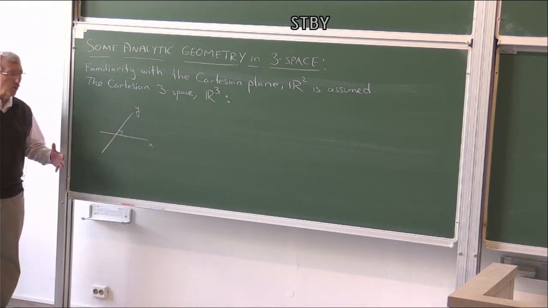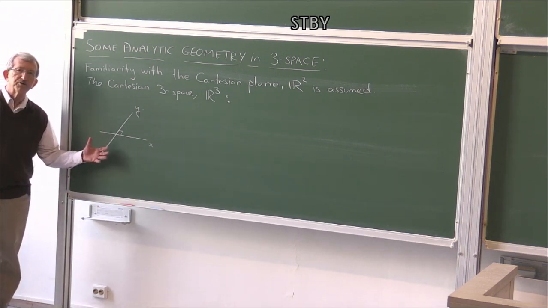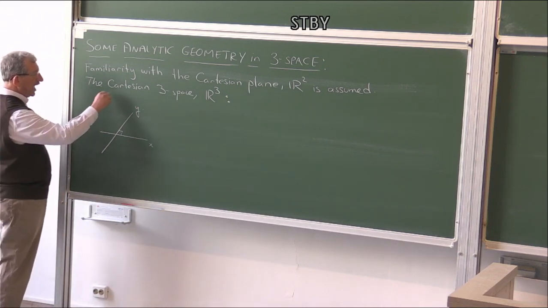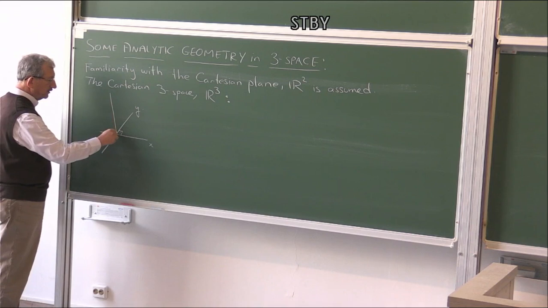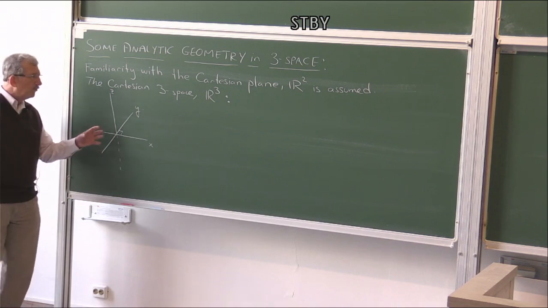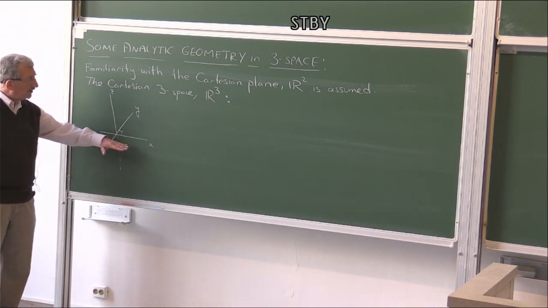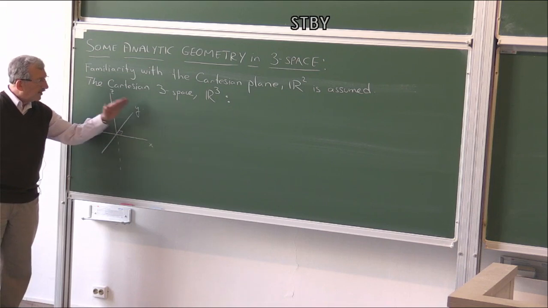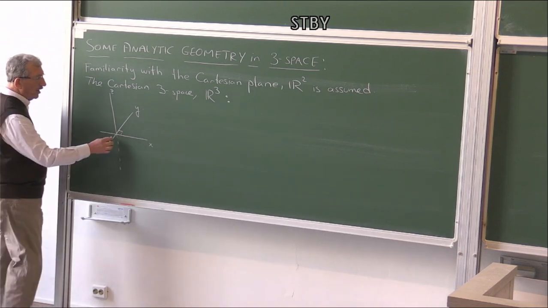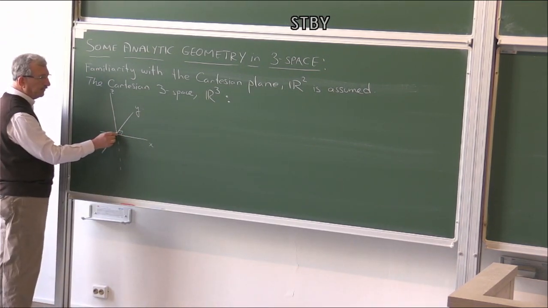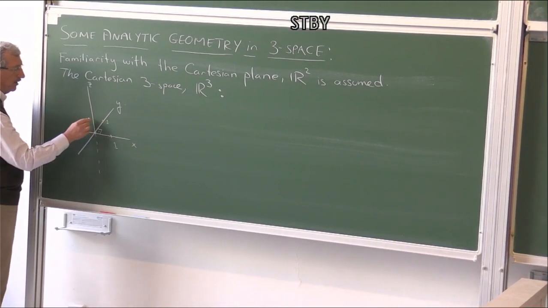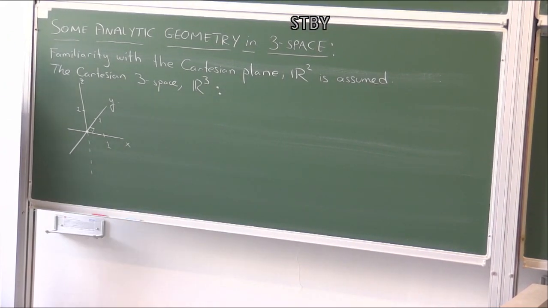Of course, when you show 3-dimensional things in 2 dimensions, you have to distort the figure a little bit. And then we add to it a third axis called the z-axis. Now, in this formulation, it should be noted that these letters x, y, z show the increasing direction all the time. So, if for x, at this point we have 0, here we have 1, and so on. Here we have 1, and here we have 1.